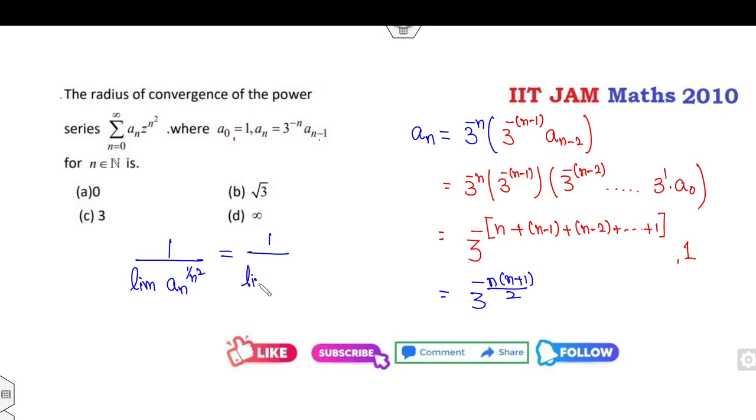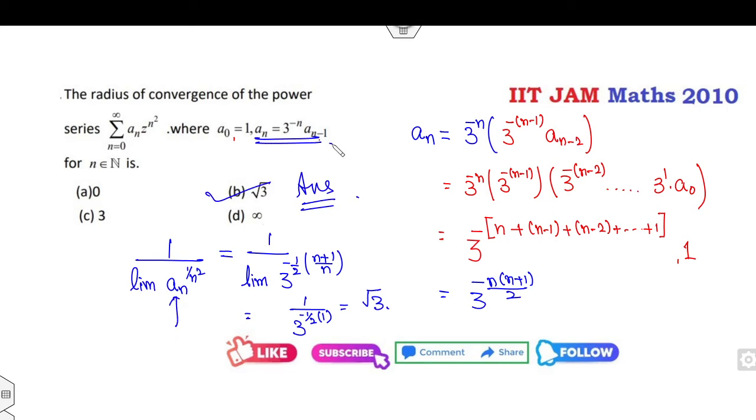It's the limit of a_n raised to power 1 over n square. One n will be cancelled out. So 3 raised to power minus half times n plus 1 over n. So what is the limit of this? It is 1 over 3 raised to power minus half into 1. So root of 3 is the correct answer. You can see that it's very simple. Your target is to find the value of a_n from this recurrence relation.